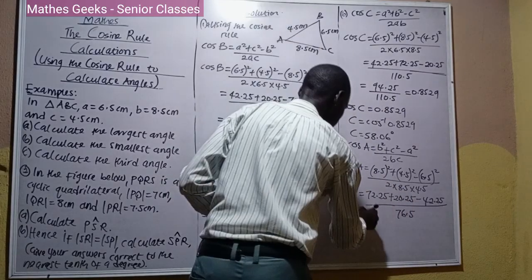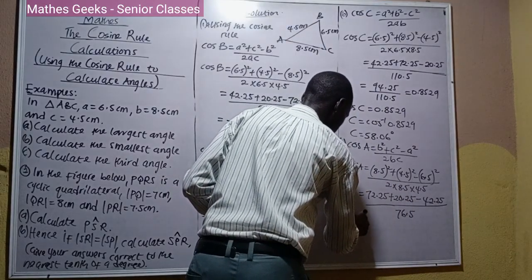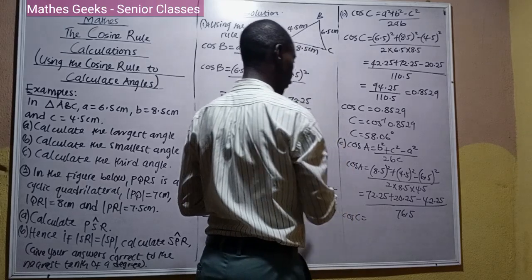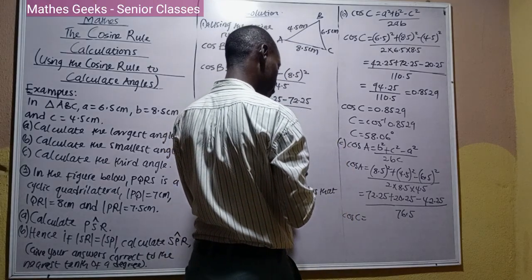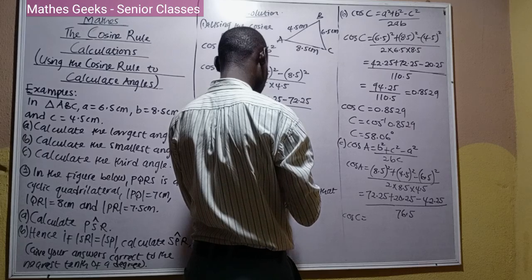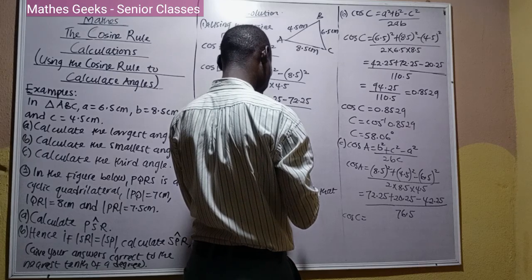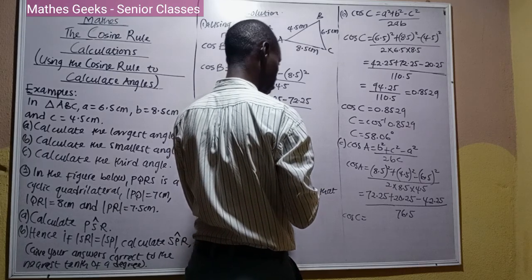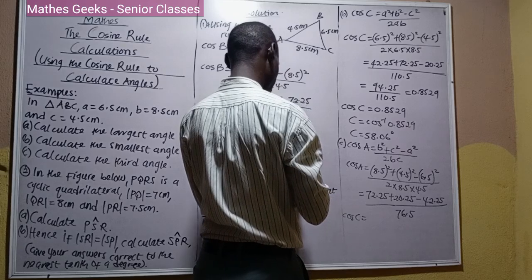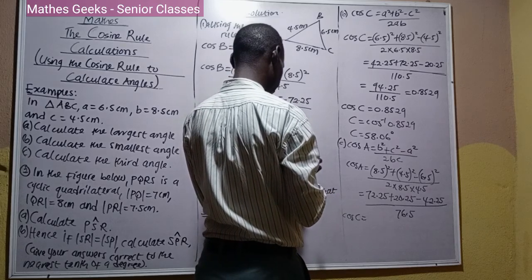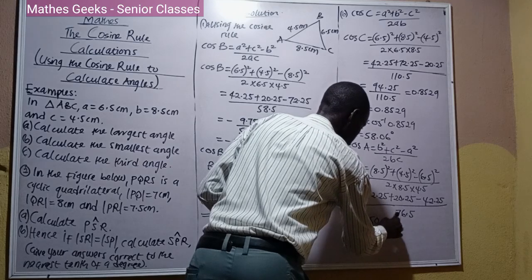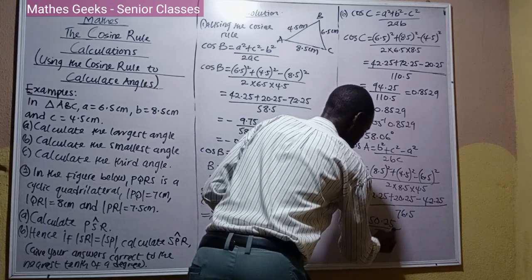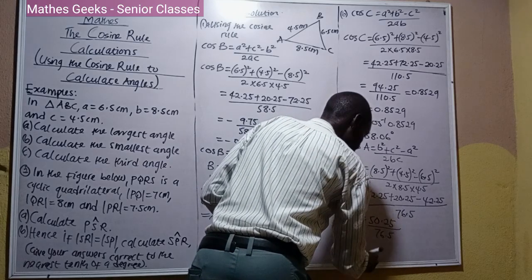So cos A equals 72.25 plus 20.25 minus 42.25, 50.25, over 76.5.